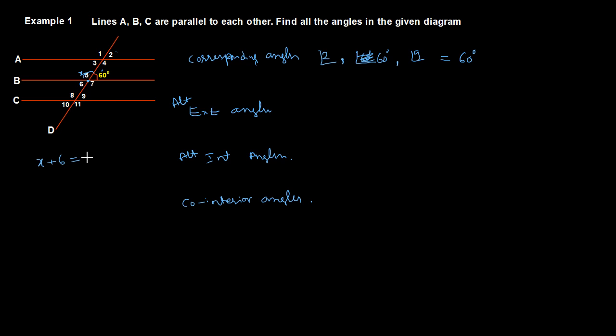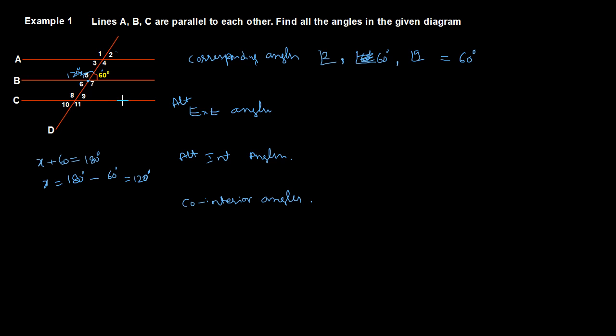So x plus 60 is going to be 180 degrees. So x will be equal to 180 minus 60, which is equal to 120. So angle 5 is 120.